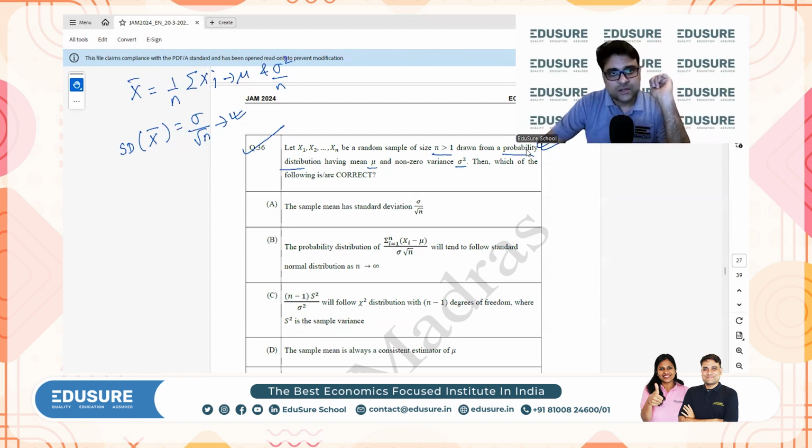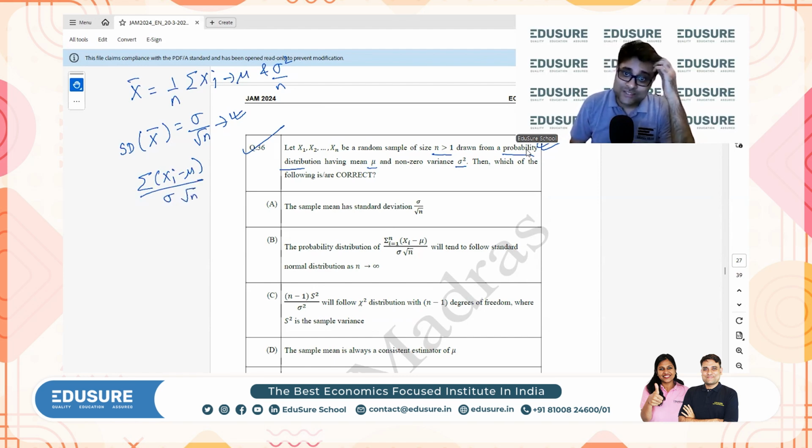Okay. Now let's take a look at option B. Option B: the probability distribution of summation xi minus mu by sigma root n will tend to follow a standard normal distribution as n goes to infinity.